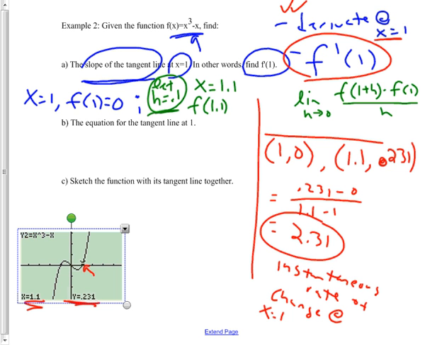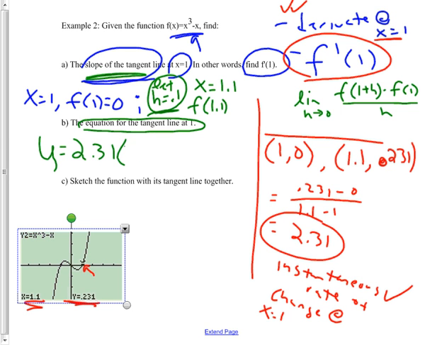So I found the instantaneous rate of change, which is the same thing as the slope of the tangent line. So now the equation for the tangent line is going to be y equals the slope, 2.31, times x minus 1, because we're looking at x equals 1, and then the y value is 0, plus 0.